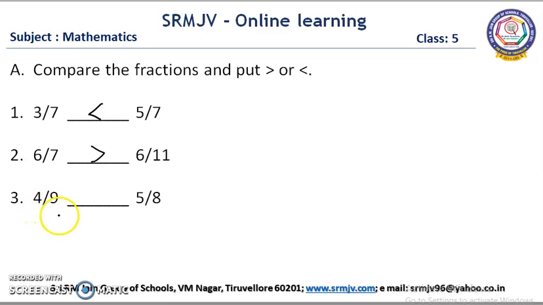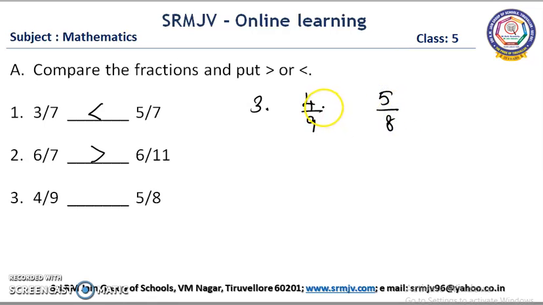Here the next one, 4 by 9 and 5 by 8. These two fractions are unlike fractions. To compare these two fractions, we are going to use cross multiplication method. Here the given fractions are 4 by 9 and 5 by 8.